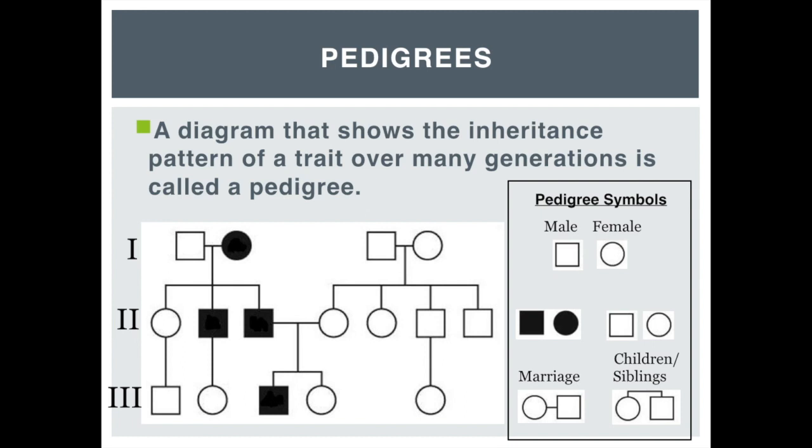Males are usually going to be a square, females the circle. If the person has the genetic disorder or the genetic trait, such as attached earlobes or not attached earlobes, we may color that in. Okay, the colored squares or circles will show that they're carrying the trait.